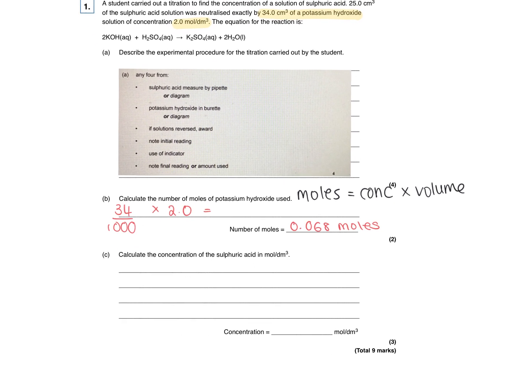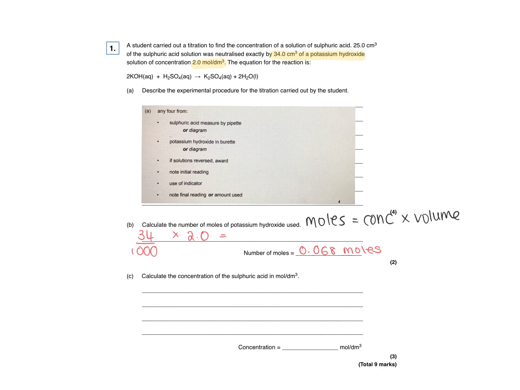Now from this, we're asked to calculate the concentration of sulfuric acid. Okay, so we need to look at our balanced equation for this, girls. So here you can see your balanced equation, and it tells us for every 2 moles of potassium hydroxide, we have 1 mole of sulfuric acid.